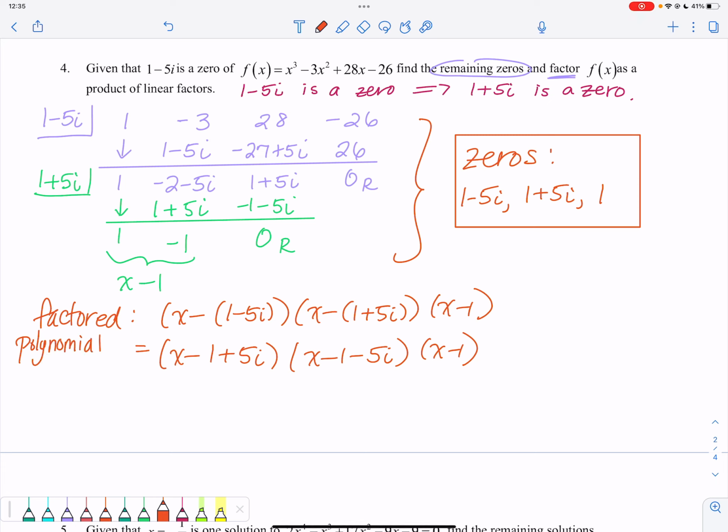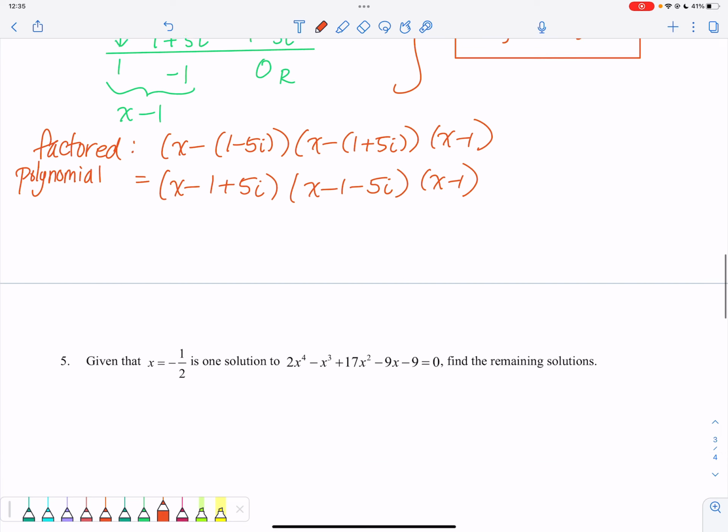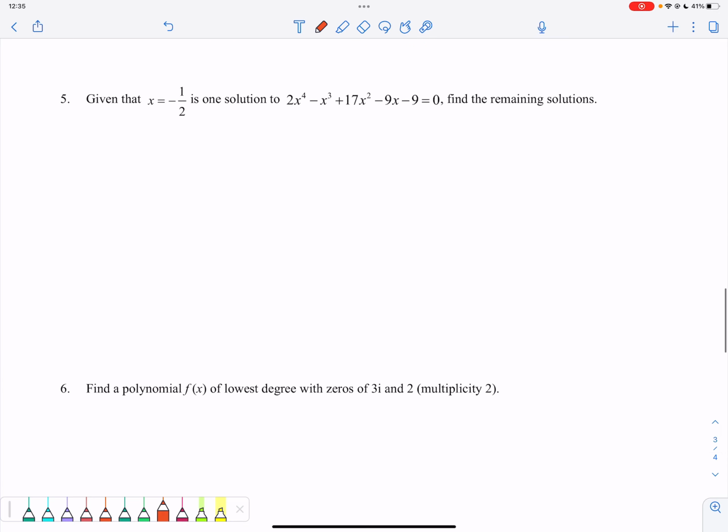Okay, let's take a look at number 5. In number 5, we're told that x equal to negative 1/2 is one solution to this quartic, okay? So we are going to need some p over q's, some other possible zeros. So we will use 2 and negative 9.